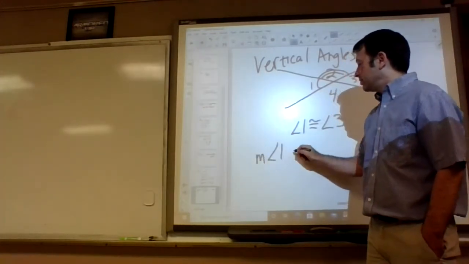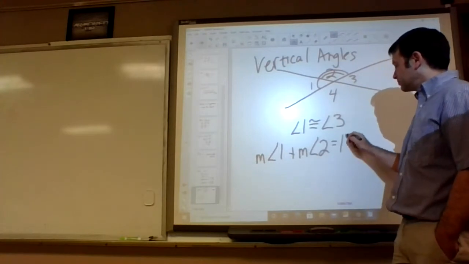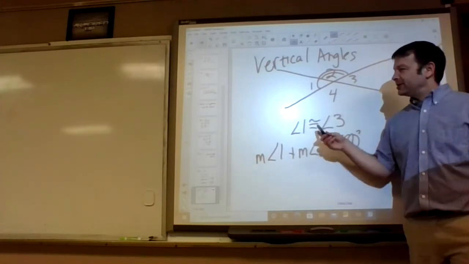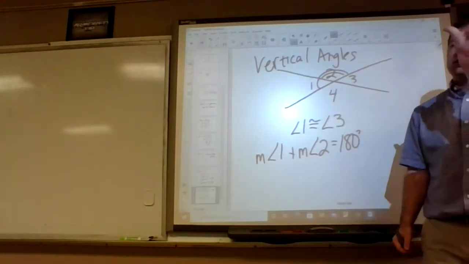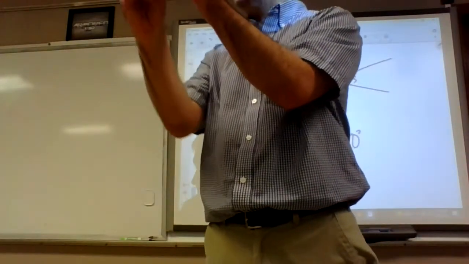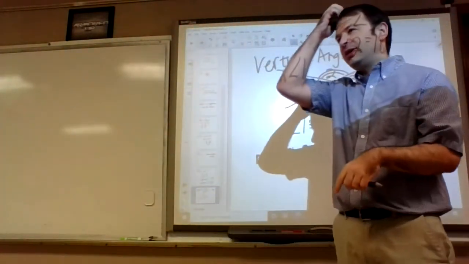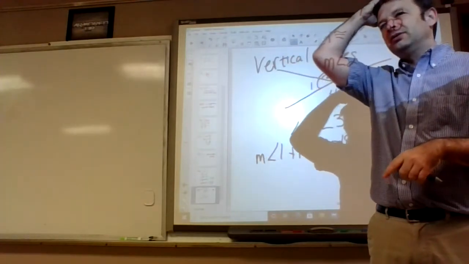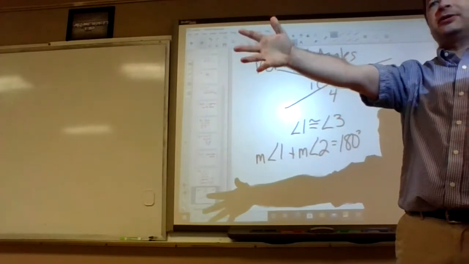So, why am I putting this little m in here? Because it's the measurement. The angle itself is not a number. An angle is just like a thing. This is not a number. It's just a thing. But there's a measurement of that angle that is a number. So it's kind of like saying, I wouldn't say Carson and Canyon are equal.